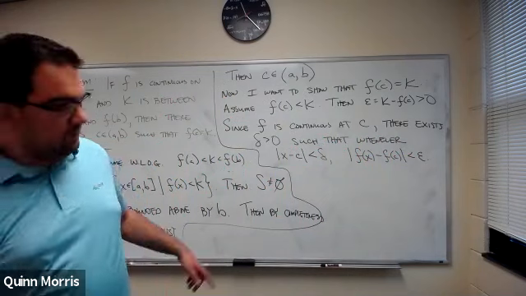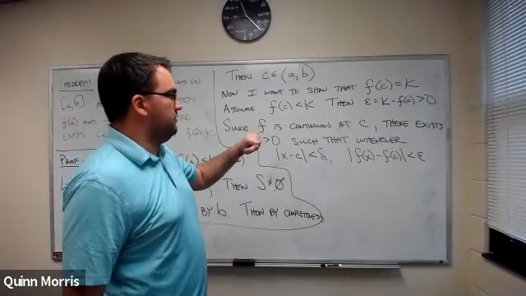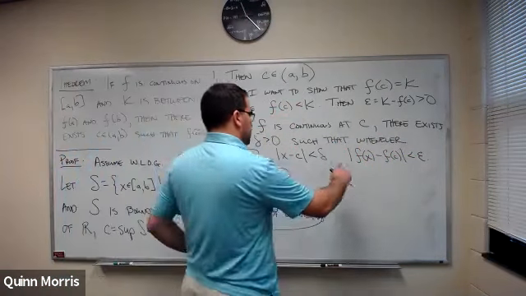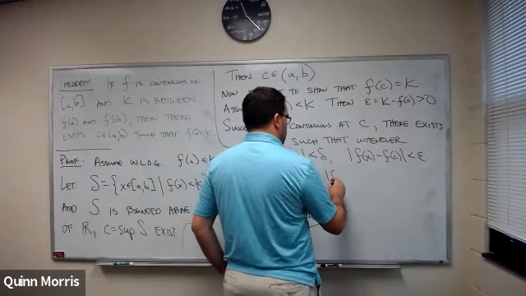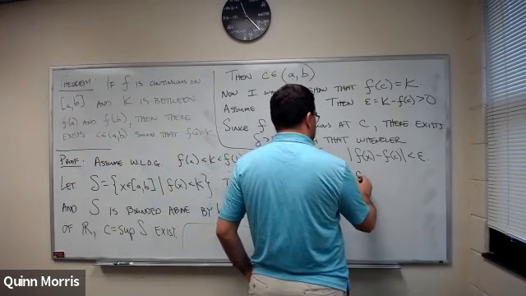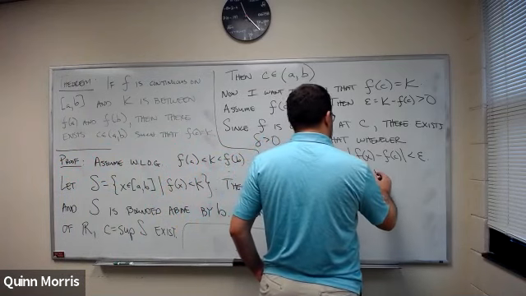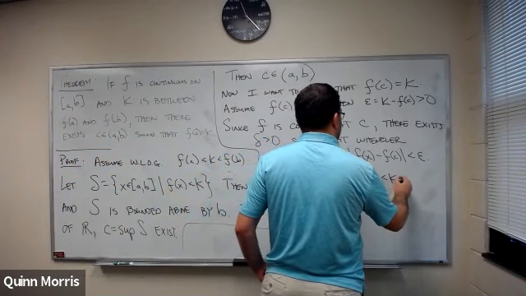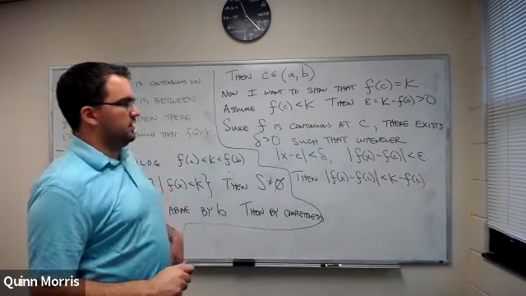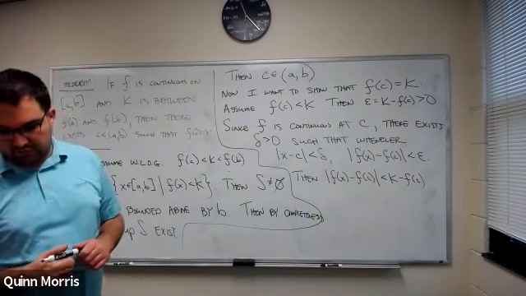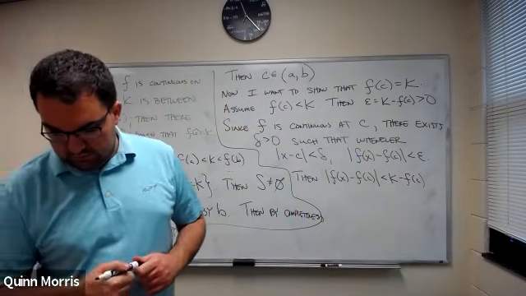Okay, but remember I've chosen a specific epsilon here, right? So what does that mean? Let's say then |f of x minus f of c| is less than K minus f of c. Okay, so it's just substituting in the particular value for epsilon I had chosen.